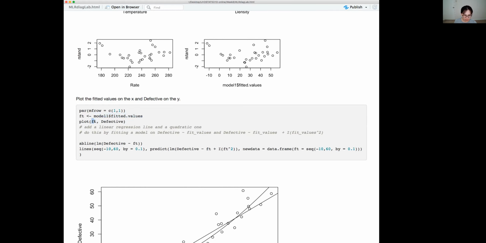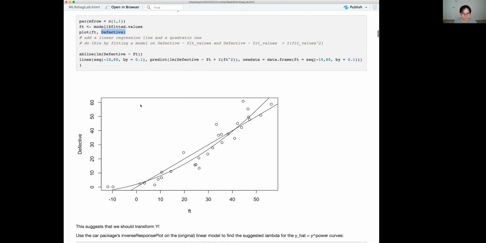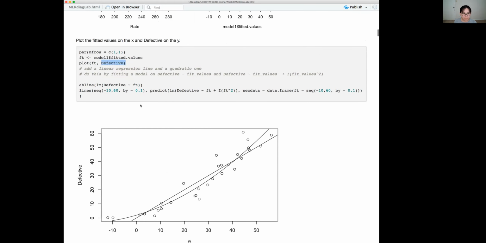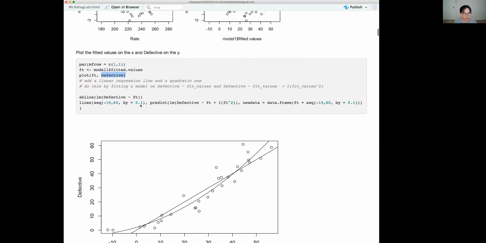Remember, this first one is your x-axis, and this is the defective, your response, on the y-axis. I meant to check the relationship between your fitted value and your y, y versus y hat. So I made a plot here.